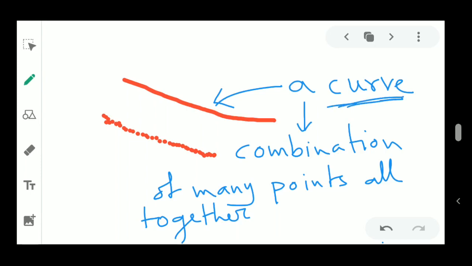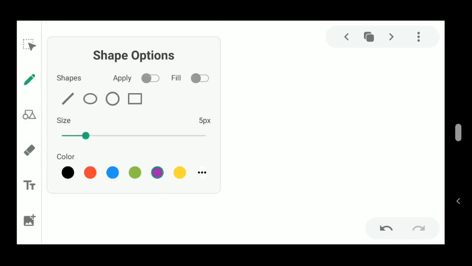Now when a curve is like this, we call it a straight line. So what is a straight line? A straight line is a curve that looks straight, in simple words.